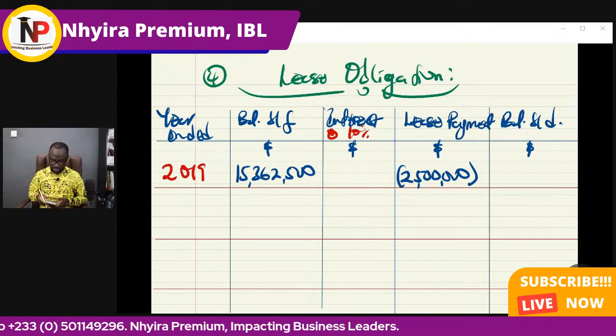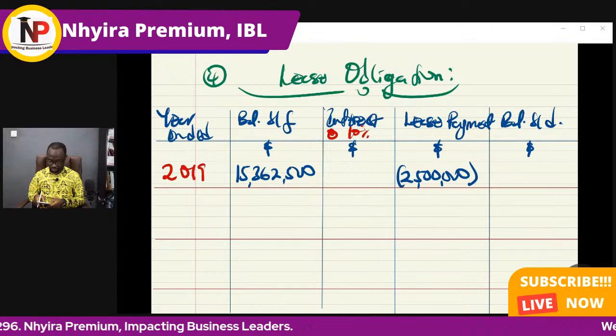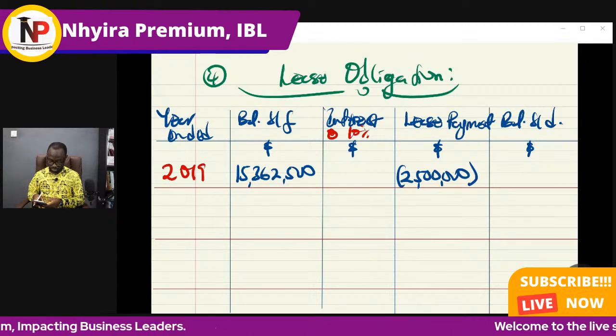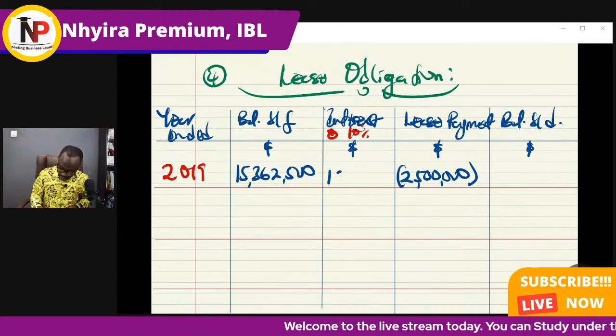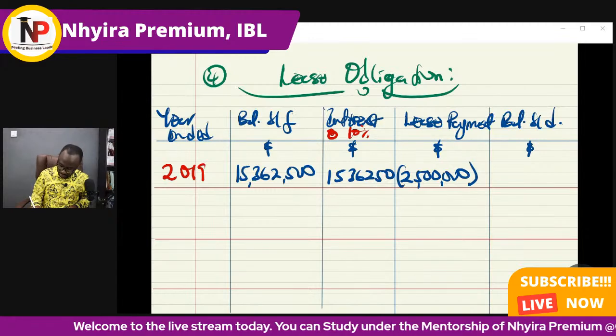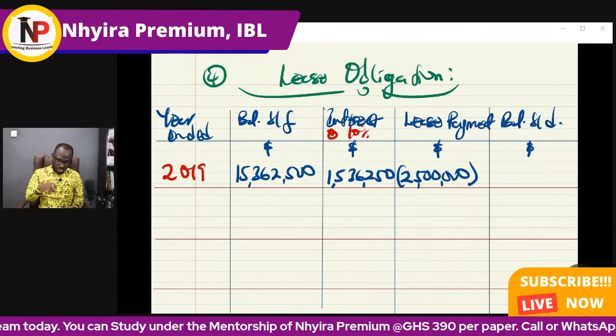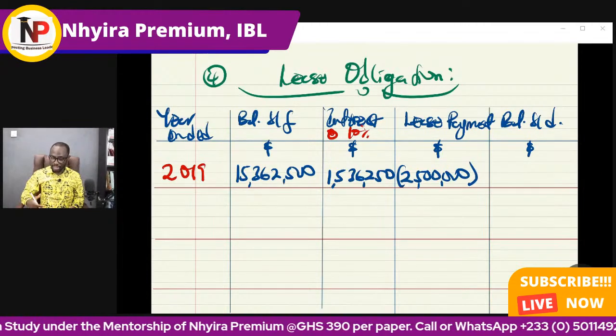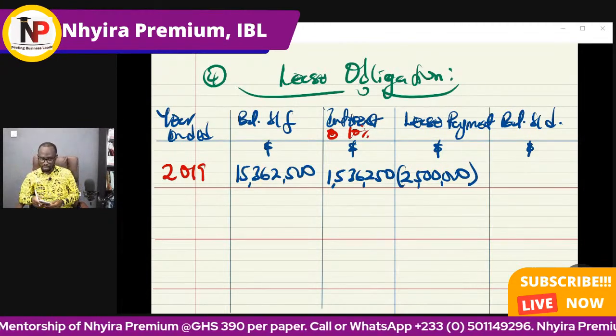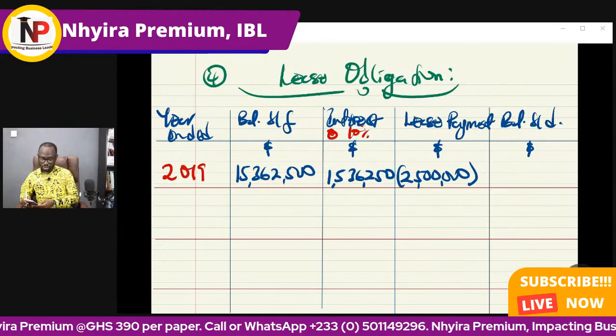So 10% of this is going to be 1,536,250. So you add the interest to the opening balance and then subtract the lease payment, and that gives us the closing balance.